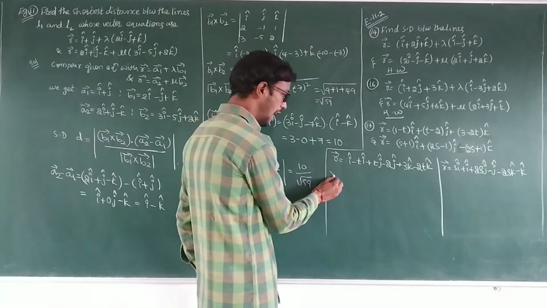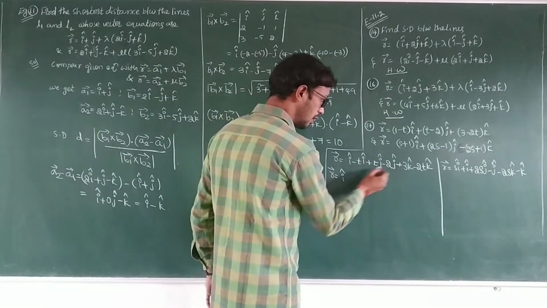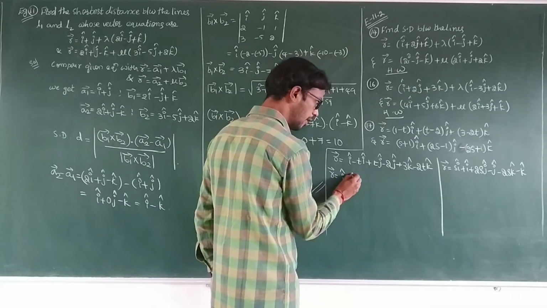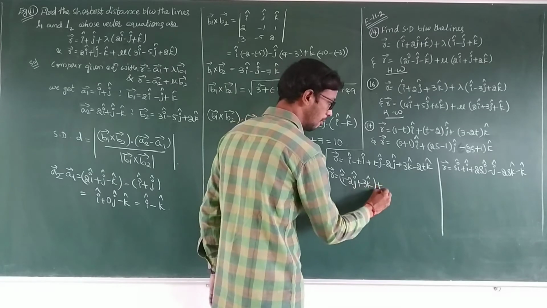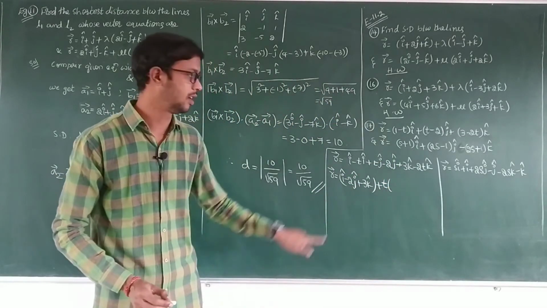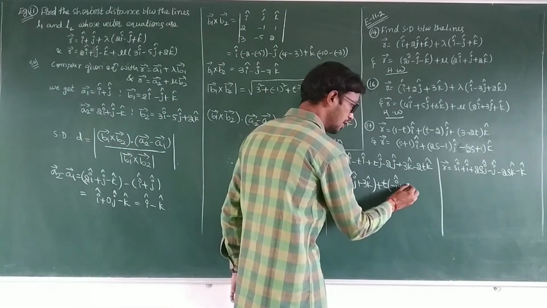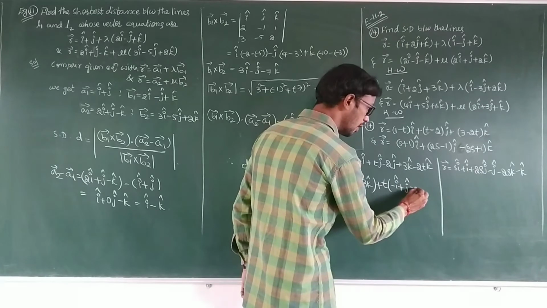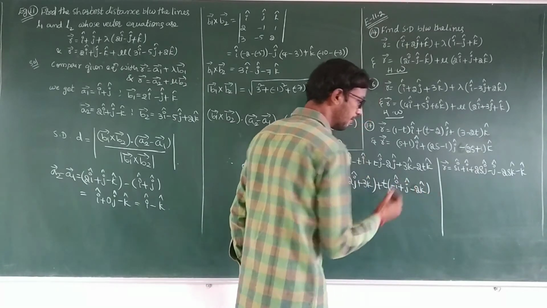So now I make a formula form, taking t common. Here the constant term is t. Taking t common, what will we get? Minus I cap plus j cap minus 2k cap.